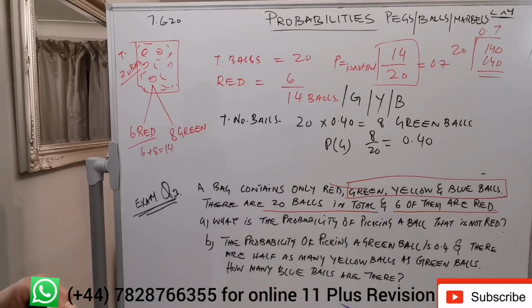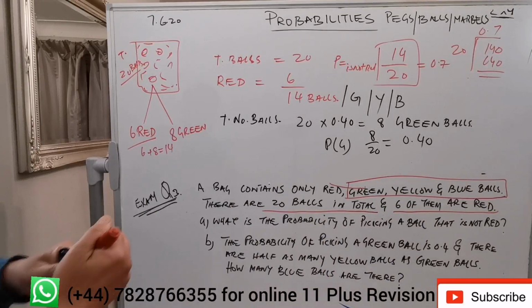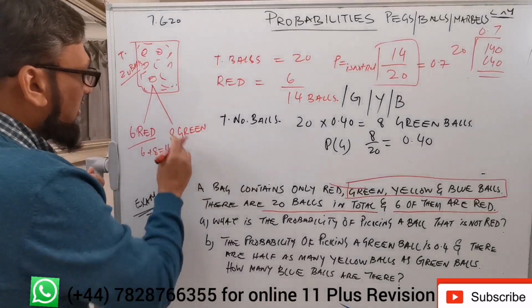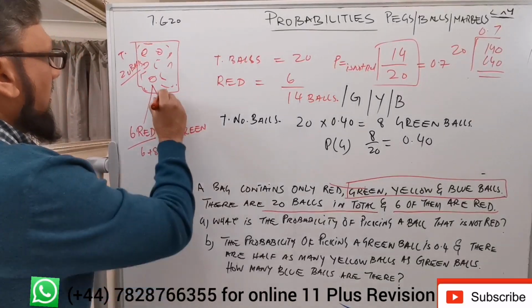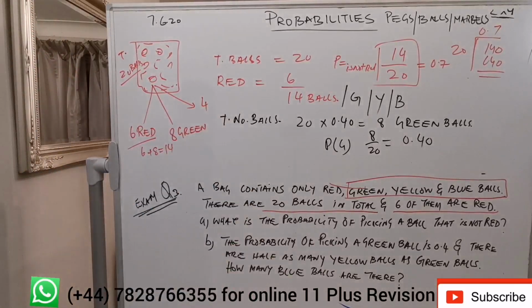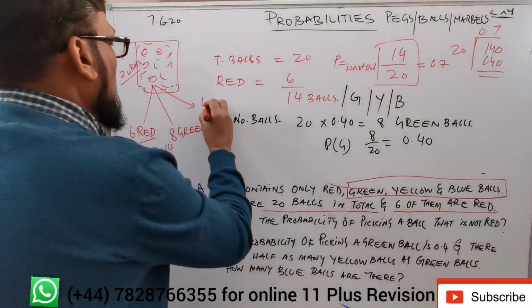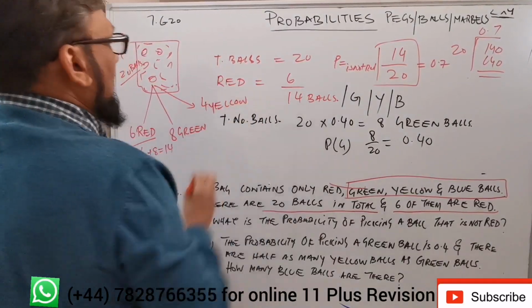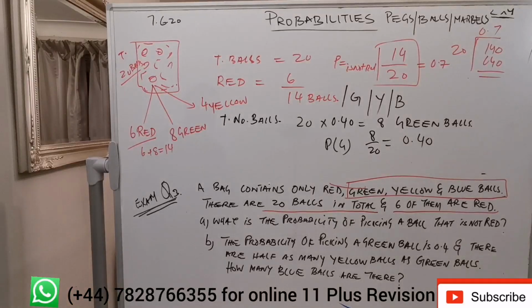Very simple, okay? So what you do, half of 8, which is 4, and the 4 will be yellow. So 4 will be yellow balls.